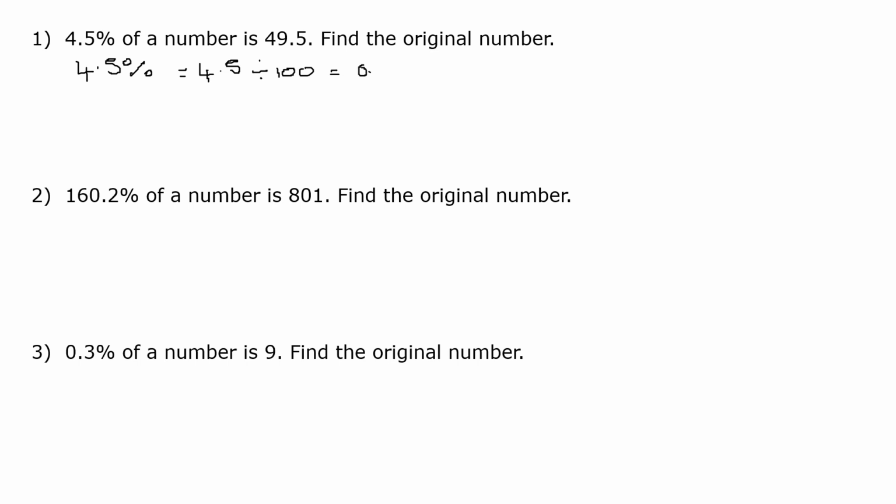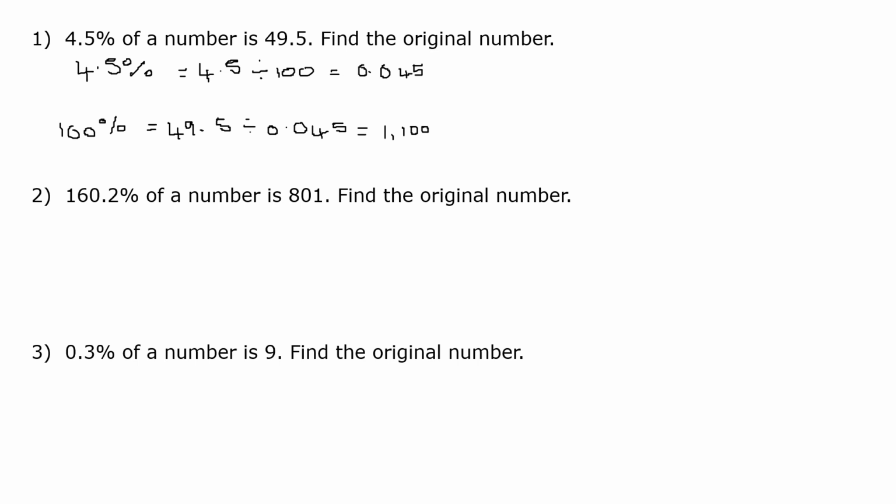So I'm going to end up with 0.045. So to find my original number, my 100%, I'm going to do 49.5 divided by 0.045, and that will give me 1,100. So my original number is 1,100.